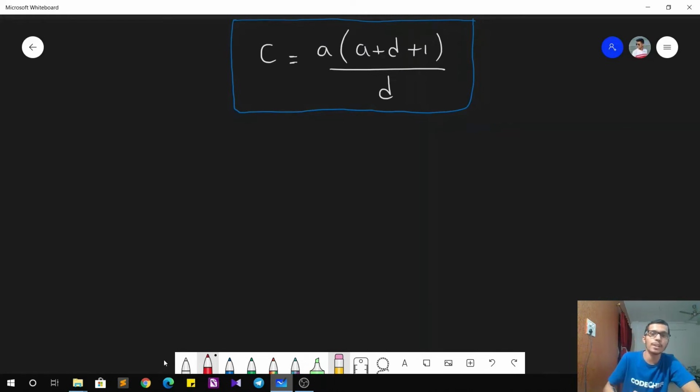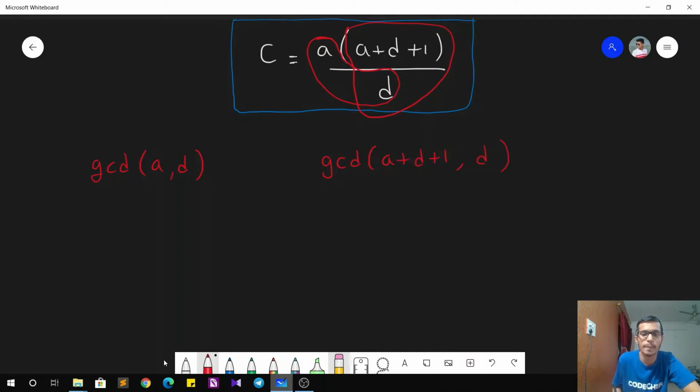So for example, if we take this term a upon d over here, the maximum common factor that we can get by a upon d is nothing but GCD of a comma d. Similarly, if we decide to take a plus d plus 1 with d, then the maximum common factor that we can get is GCD of a plus d plus 1 comma d, right?